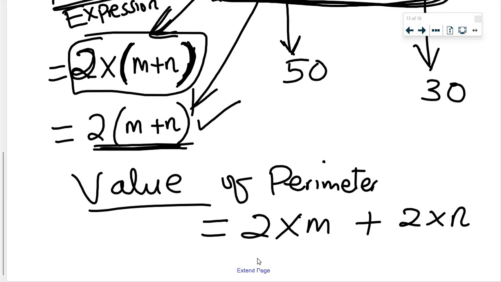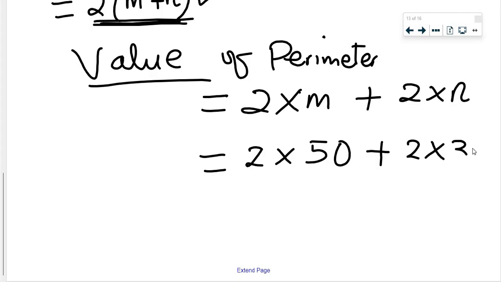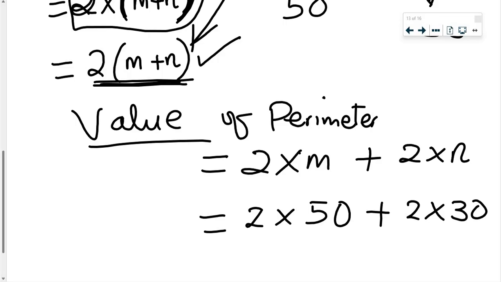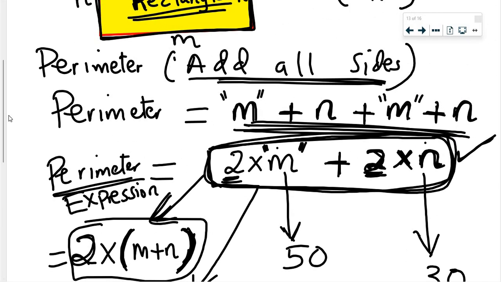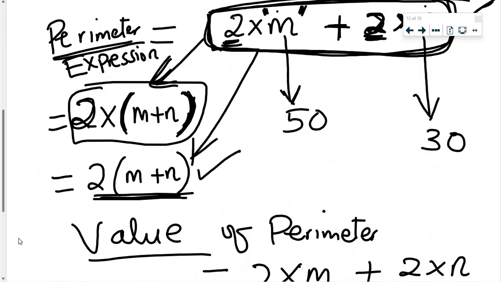So the value will eventually be 2 into m, which is 50, plus 2 into n, which is 30. Did I get the values correct? Let me see. N 30, M 50, yes.